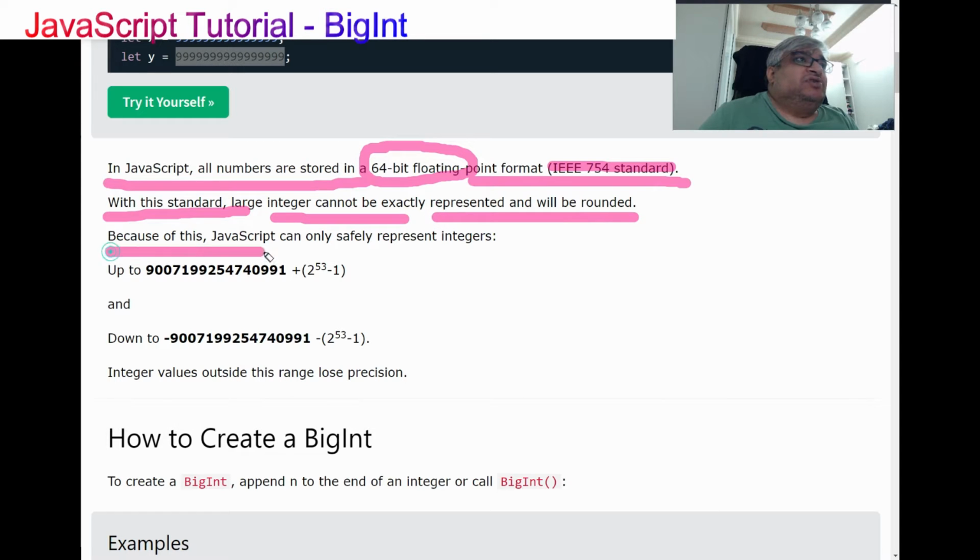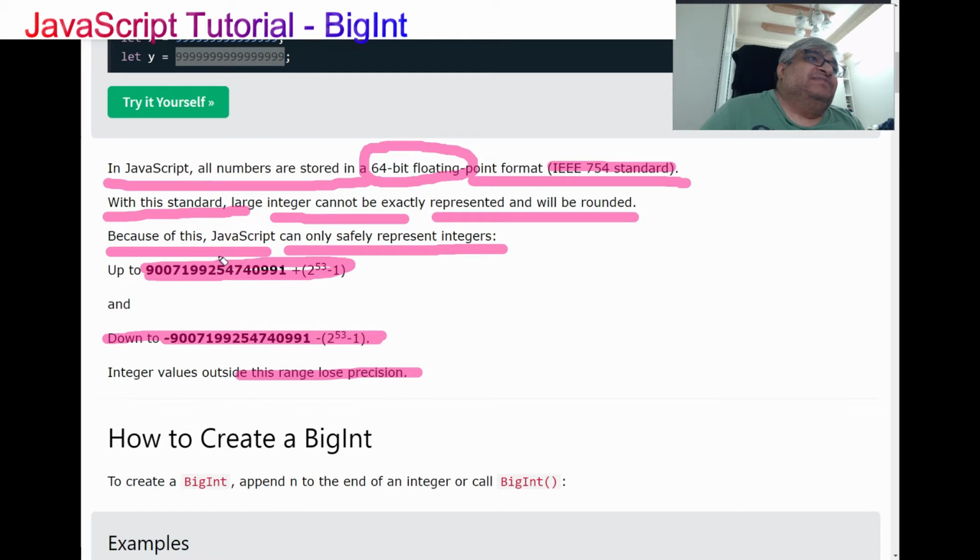Because of this, JavaScript can only safely represent integers up to this large number, and on the negative side, up to this number. Integer values outside this range lose precision. So if you have something outside these two numbers, you will lose precision.